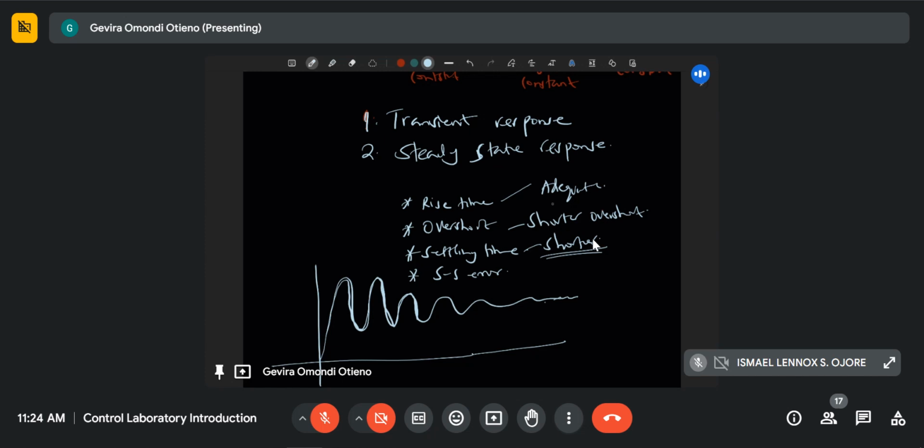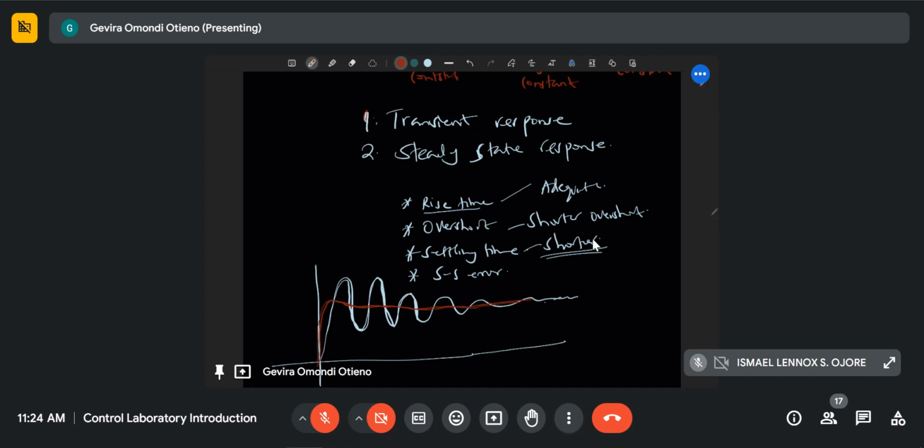So in order to effect changes, because MATLAB will be giving you these figures, you need to adjust so that you have a system that settles almost immediately. Okay, so maybe the rise time is a little average and then it settles almost immediately.